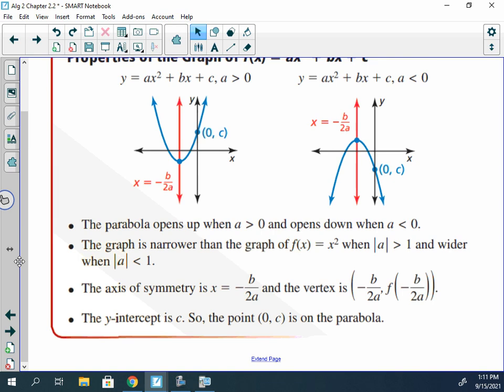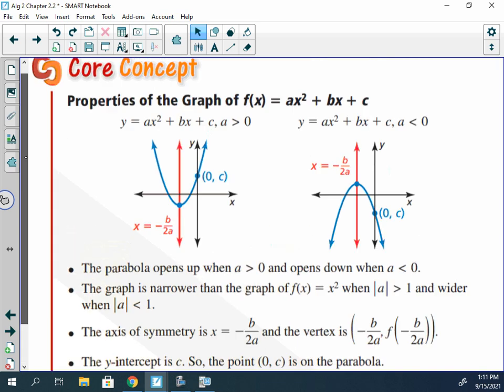Now, the other piece of information they give us is that the y-intercept is at the point 0, comma, c. Well, y-intercept is just where the graph crosses the y-axis. Yes? So what is the x value at the y-axis? 0, yes?